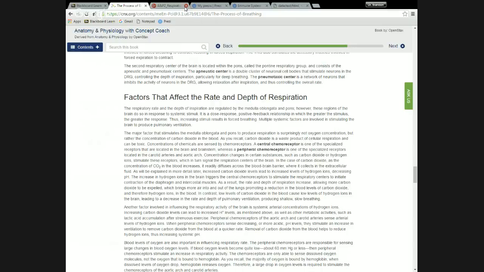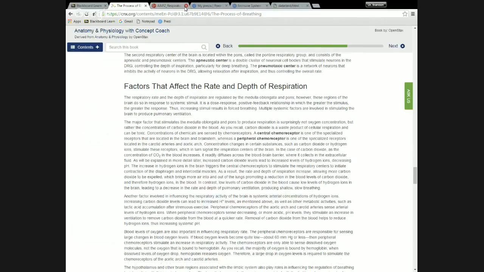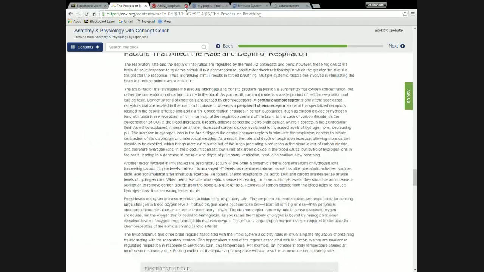In this part of the chapter, they go on to talk about a few things that control this. They mention central chemoreceptors and peripheral chemoreceptors. Chemoreceptors are just cells that are sensitive to chemical stimuli. Central chemoreceptors are ones that are in the central nervous system. Peripheral ones are outside in the periphery. Central chemoreceptors are going to be linked directly to the hypothalamus and can cause descending input to these structures.